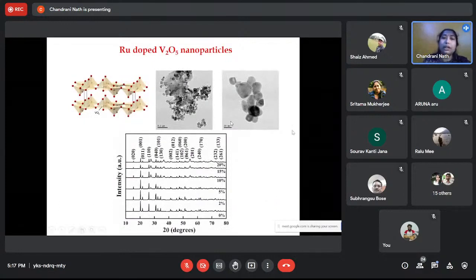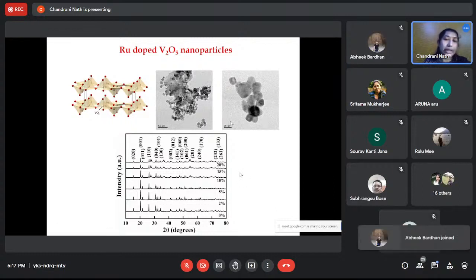V2O5 has a very good value of Seebeck coefficient, but it has a very low electrical conductivity. So we tried to increase its electrical conductivity, while more or less retaining its good Seebeck coefficient, by doping it with ruthenium.